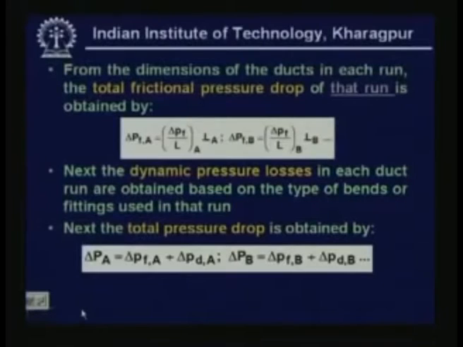Once you find the frictional and dynamic pressure losses of each duct run, the total pressure loss of that duct run is the sum of the dynamic and frictional pressure losses. That is how we find the total pressure loss in each duct run. The total pressure drop in, for example, duct run A is equal to delta Pf A plus delta Pd A, similarly for B, and so on.